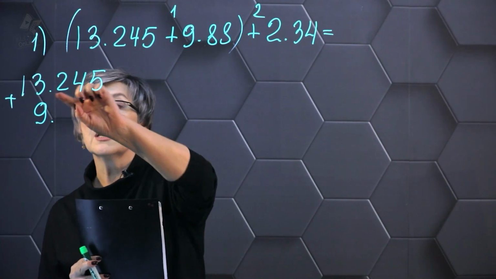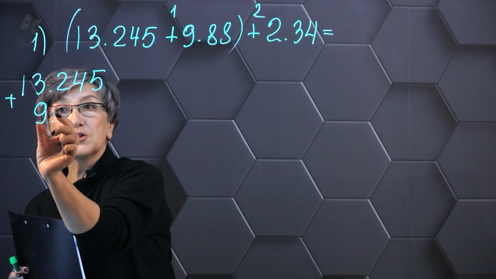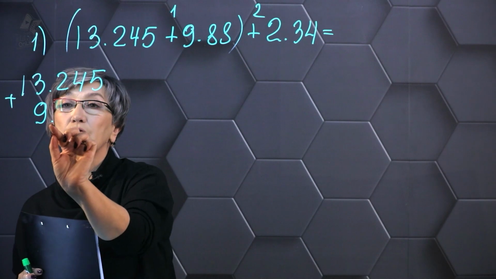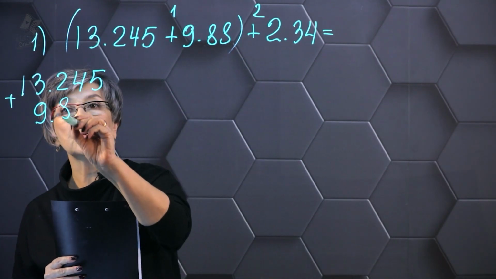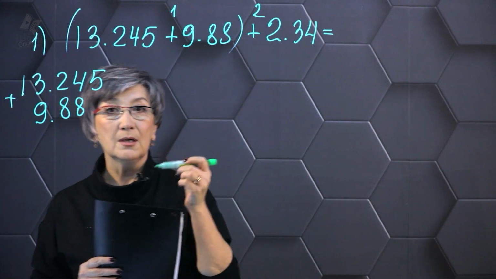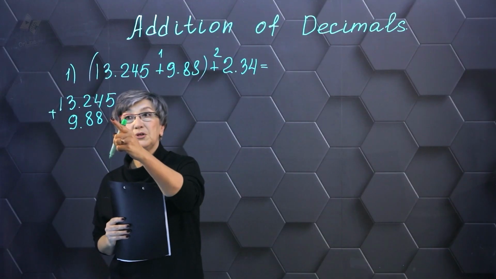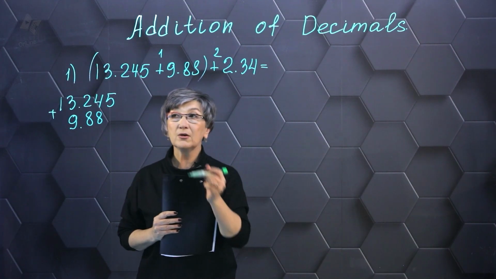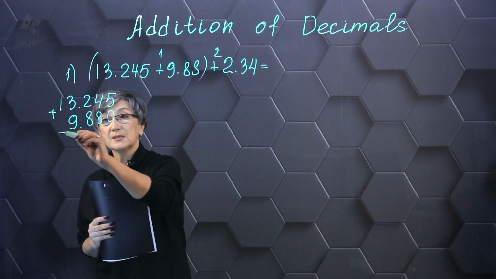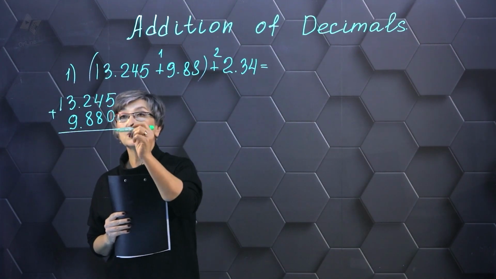Notice how I put these dots. Write the numbers so that I have a dot underneath the dot. Next, I write the fractional part, 88. I notice right away that I don't have any number under the 5, so I add a 0. I write down 0. Now I add the given numbers together.